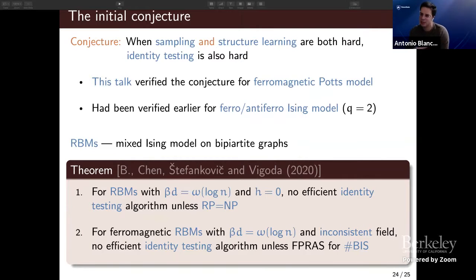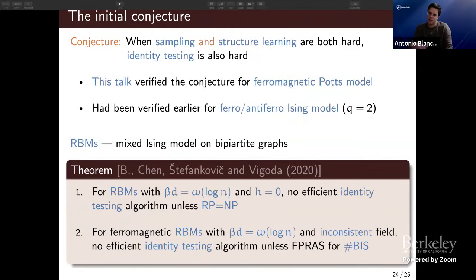It really has the same structure, but at the moment this is why we don't have a generic implication that hardness of approximate counting implies hardness of testing or anything like that. There is a step of the proof that is the construction of this gadget based on the phase transition, on the phase coexistence.